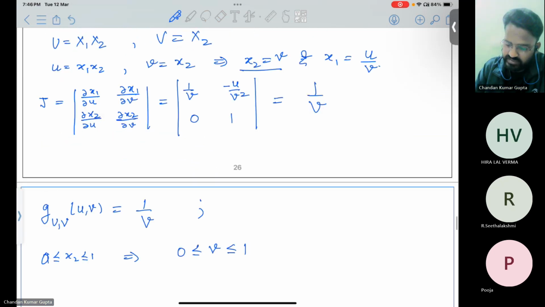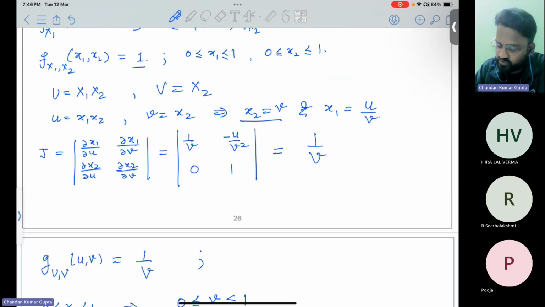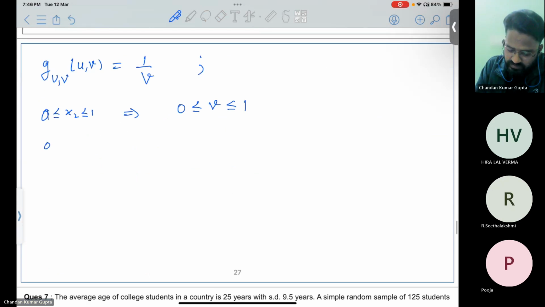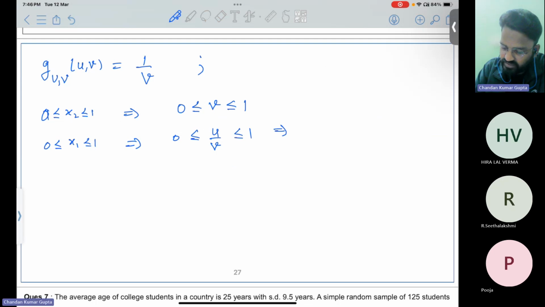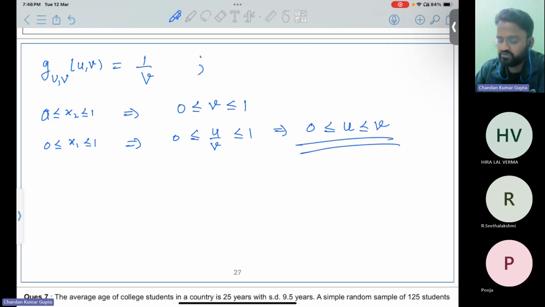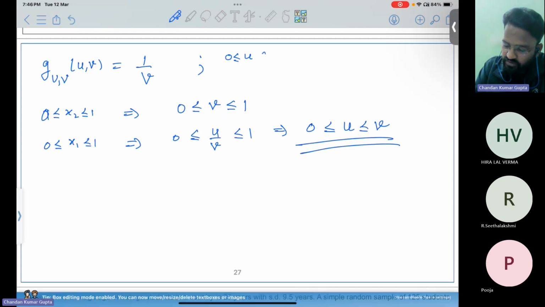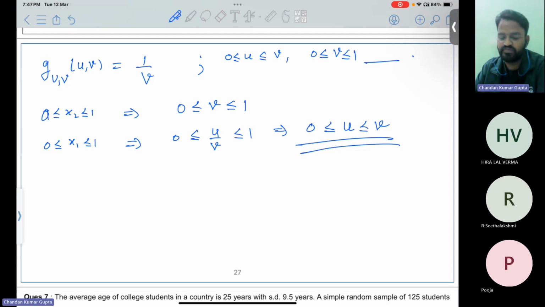And x1 equal to u by v lies between 0 and 1, which implies u is less than v. So the range of u is from 0 to v, and the range of v is from 0 to 1. So this is our joint PDF of u and v.